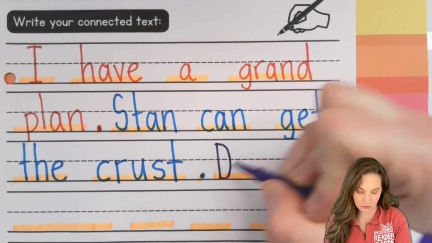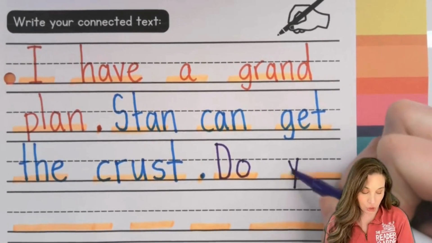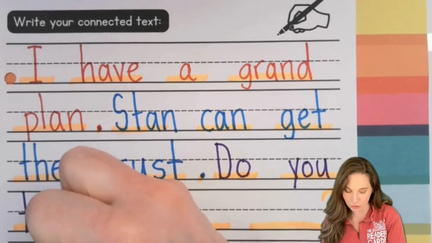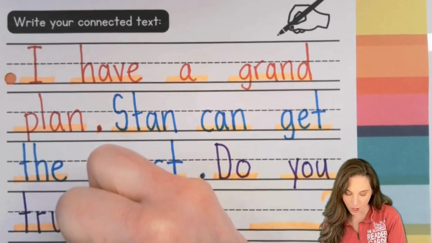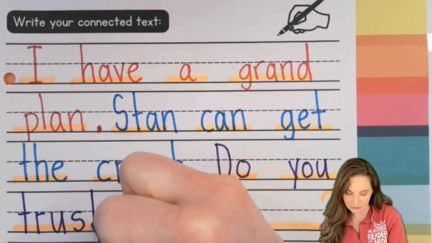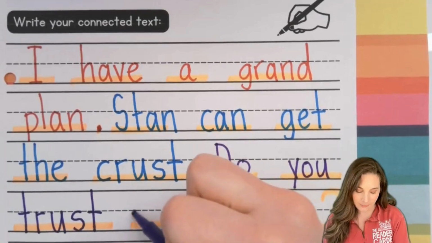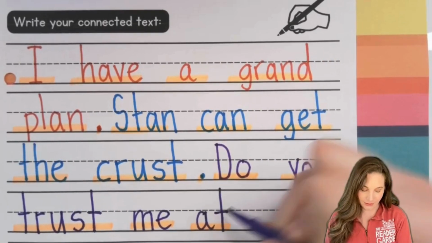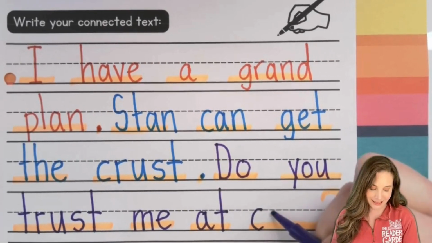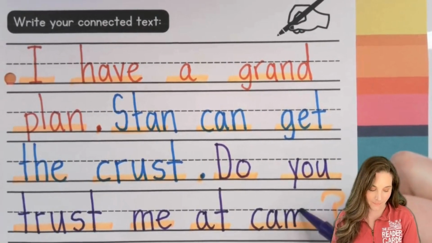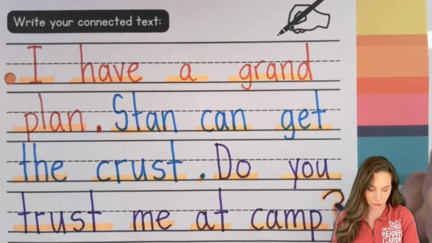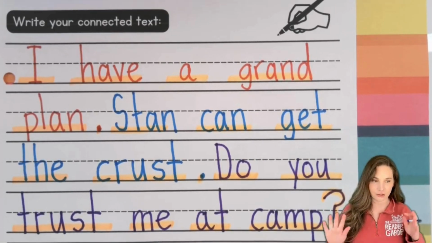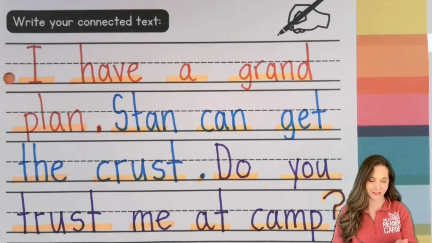Capital D, D-O, do you trust, trust, do you trust me at camp? And a nasalized A, camp. Do you trust me at camp? That makes me think maybe someone's like wanting to light a fire and they're wanting to make sure people feel comfortable and that they're trusted.